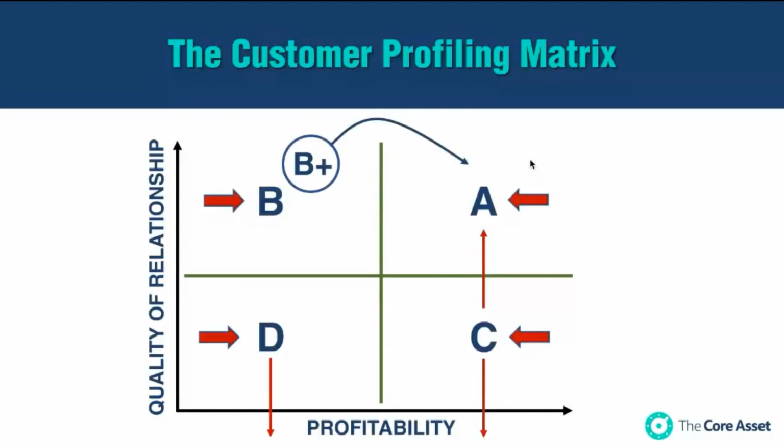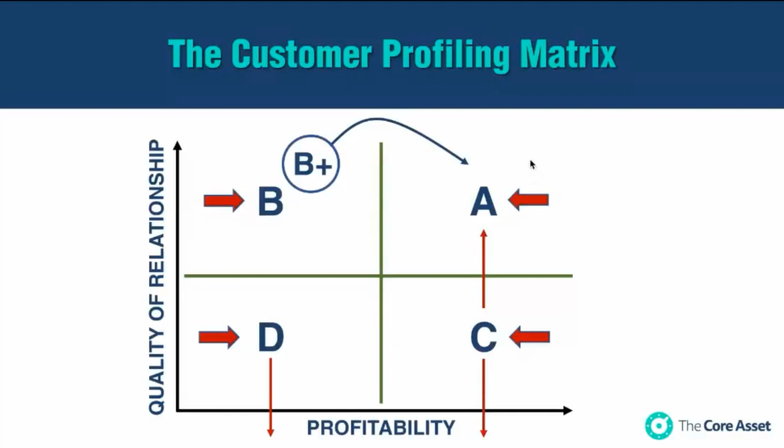It could be that they're an evolving business, or it could be just the way the relationship works, but you know that a certain number of B clients have the potential to become A clients. What you need to do is identify from the B clients who you believe have that potential, and categorize them as B plus clients, and you'll see why that's important shortly. So you've got your 5 different segments: your A's, your B's, your C's, your D's, and your B pluses.